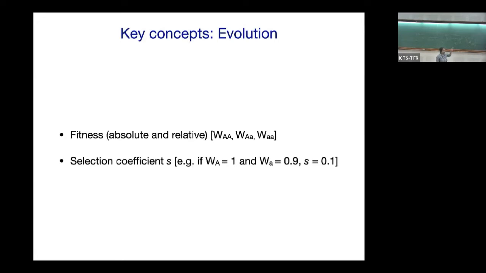If W_A, big A, is my reference, which is 1, and W_a, little a, is 0.9, then the selection coefficient against little a is 0.1, right? So this would mean that the little a allele has lower fitness compared to the big A allele, and the selection coefficient is a measure of the magnitude of that difference in fitness.